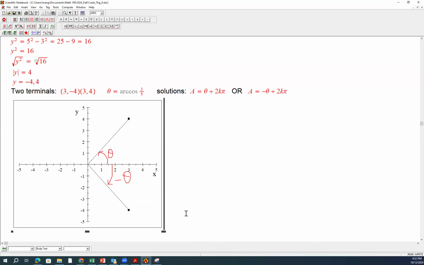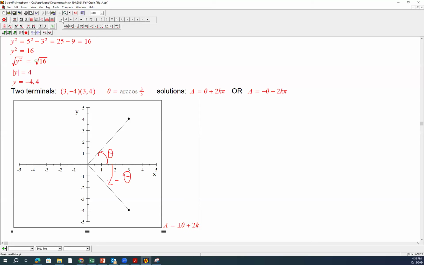So the final solution we can combine into A equals plus or minus theta plus 2k pi.